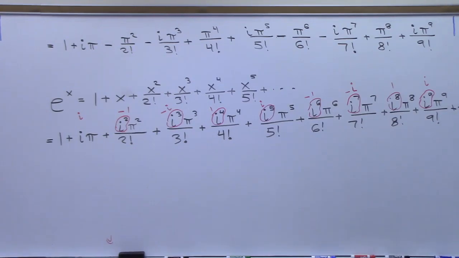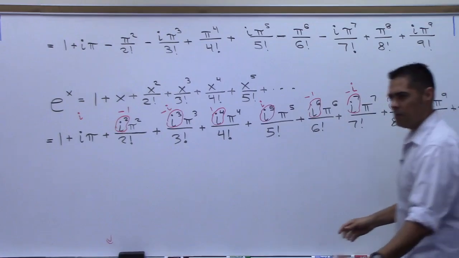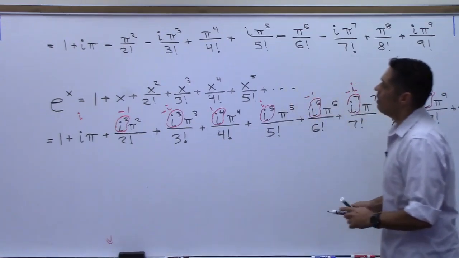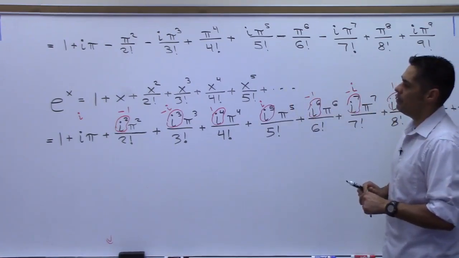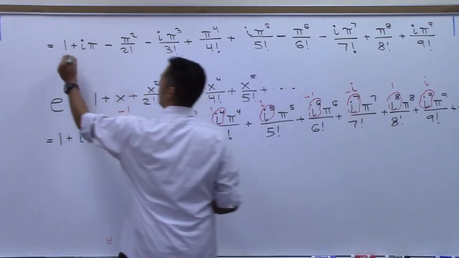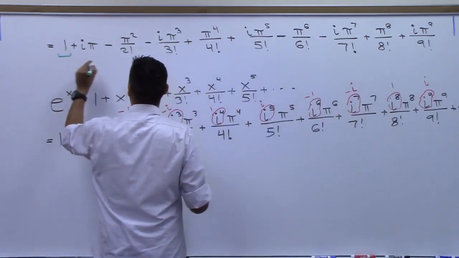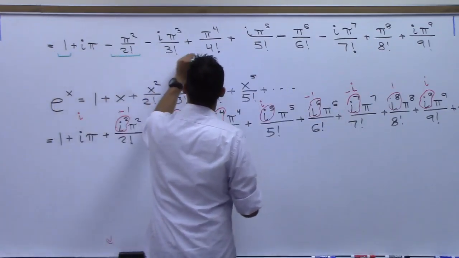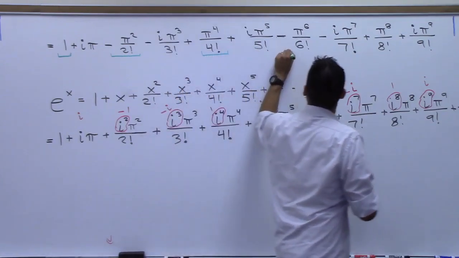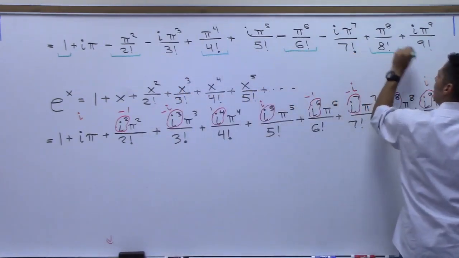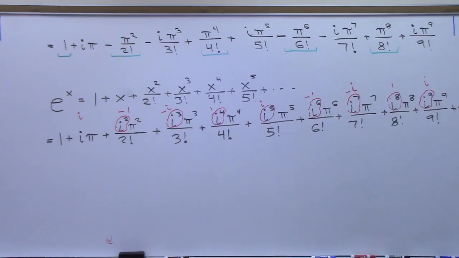Okay. This is cool. Y'all still on board? All right. I'm going to underline everything that does not have an i. And I'm going to just write those next to each other.